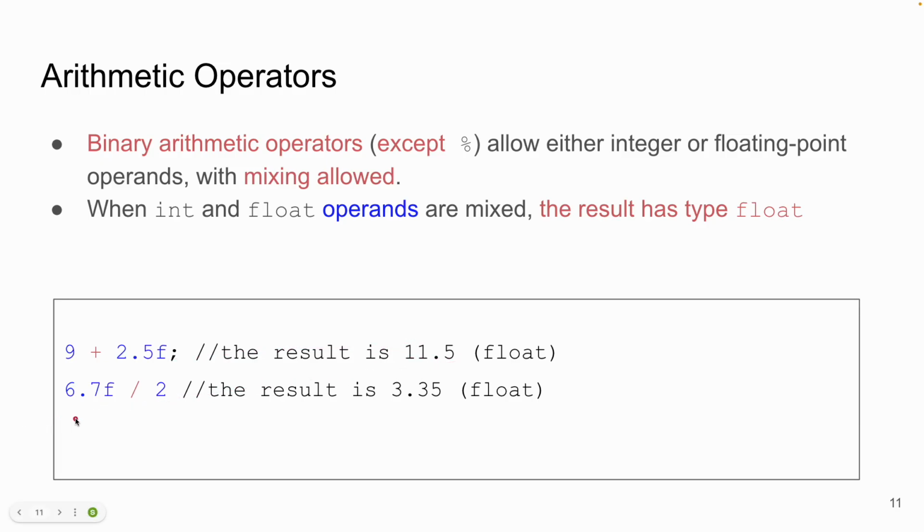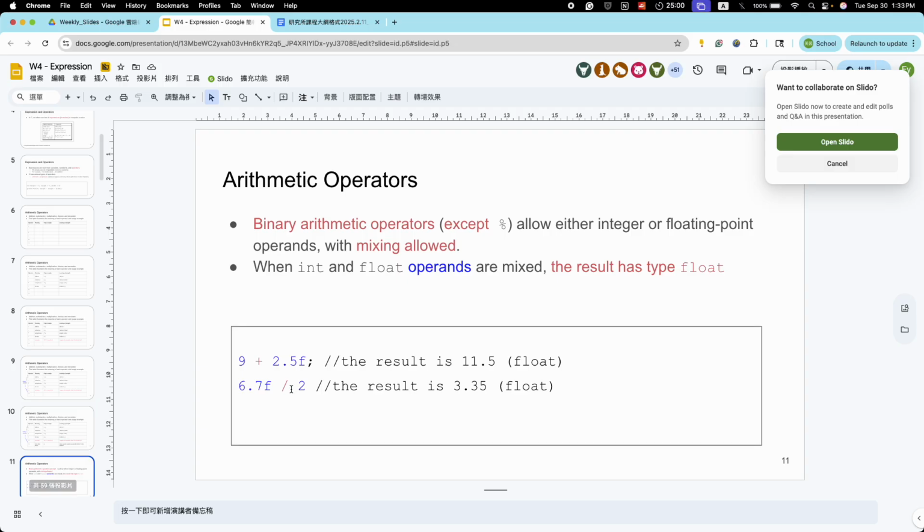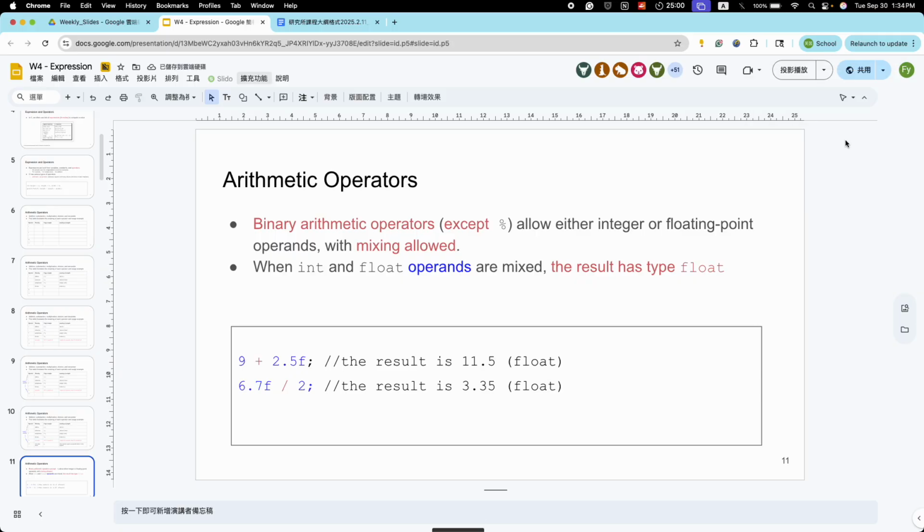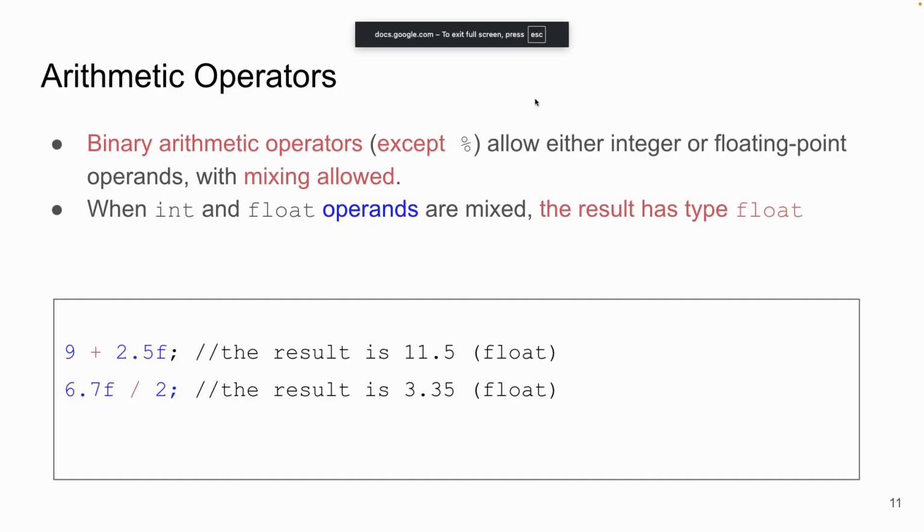And this is the same for the second expression. In the second expression, we divide a floating point value by an integer value. And if we do that, the result will also be a floating point value. And I noticed I forgot to add a semicolon here. Okay.